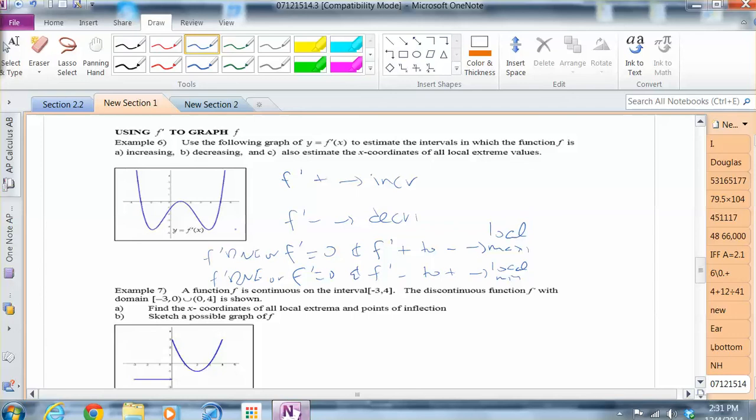So clearly, this is an f prime graph. So we want to look at the y values. Clearly, the y values up to -3 and past 3 are increasing. So for part A, it's going to be from -infinity to -3, and from 3 to infinity is when we're going to be increasing.